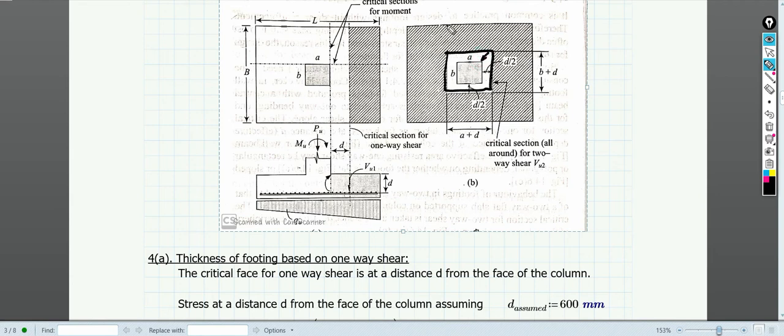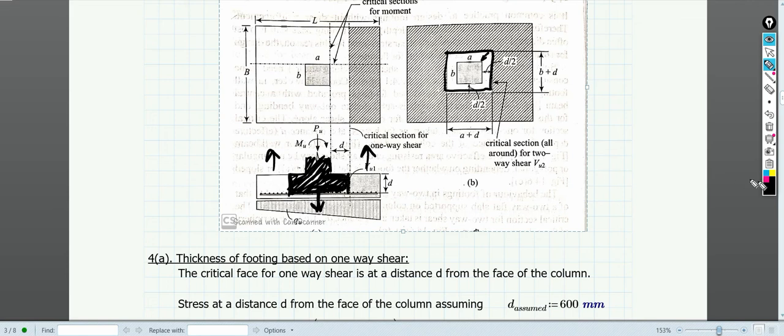This is going downward, but this hatching portion is going upward. If I show you over here, suppose this black hatching part along with the column will move down, and the other part will move up because of the punching shear, right?